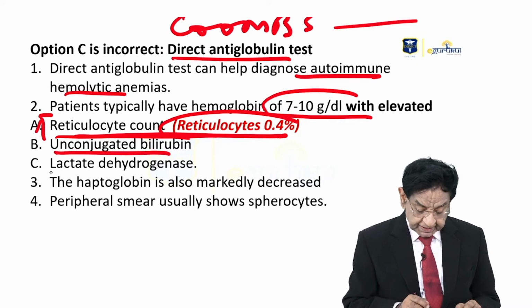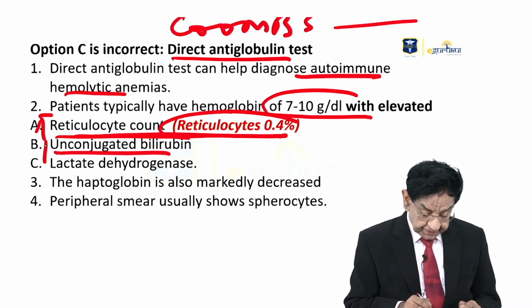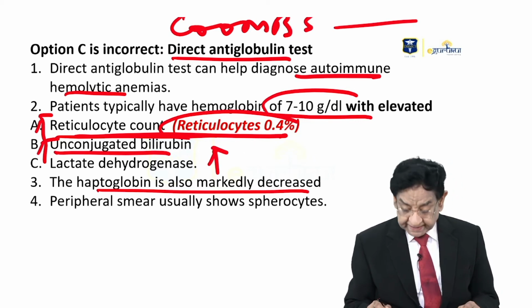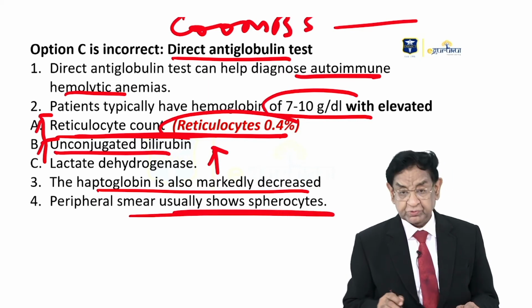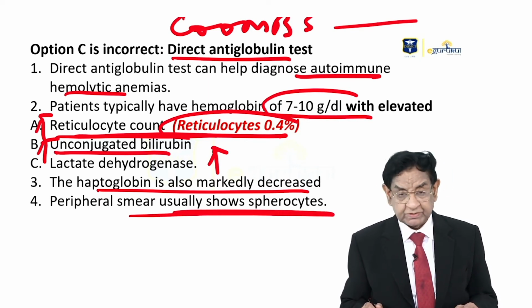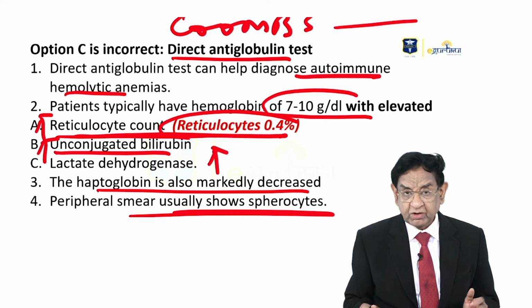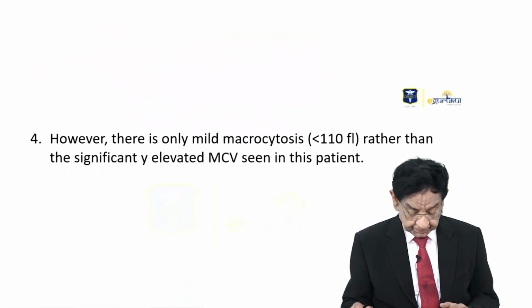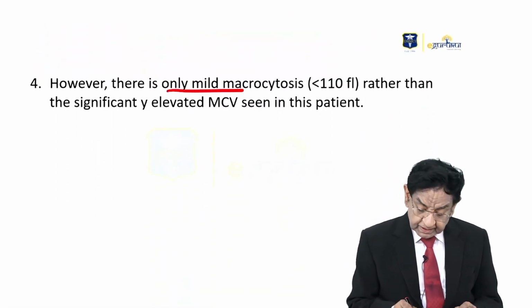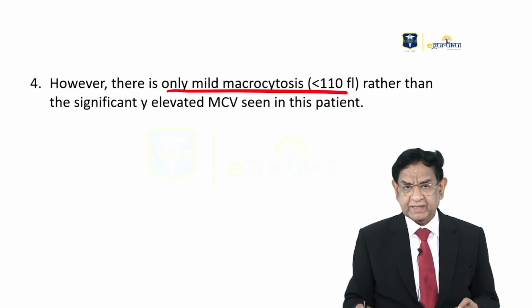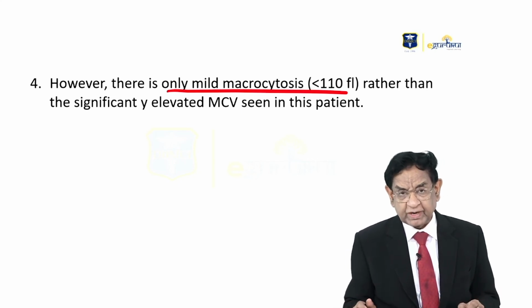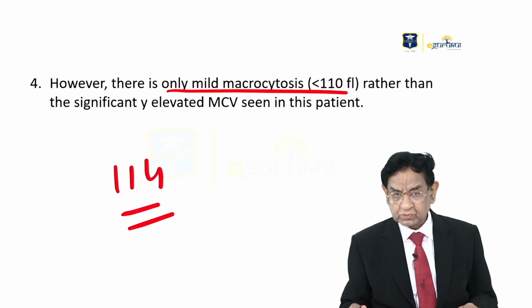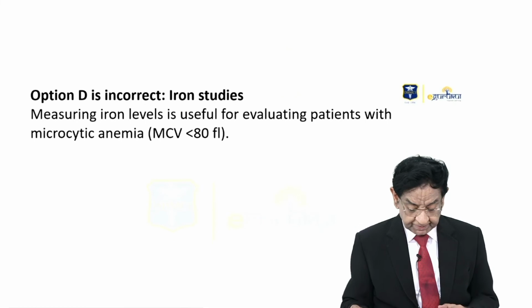Unconjugated bilirubin is increased, LDH is increased, and haptoglobin levels are decreased. Peripheral smear shows spherocytosis. So this is not a case of any autoimmune disease. Moreover, we do get macrocytes, but usually not more than 110, and in our case, it's 114. So it's not a case of autoimmune hemolytic anemia.